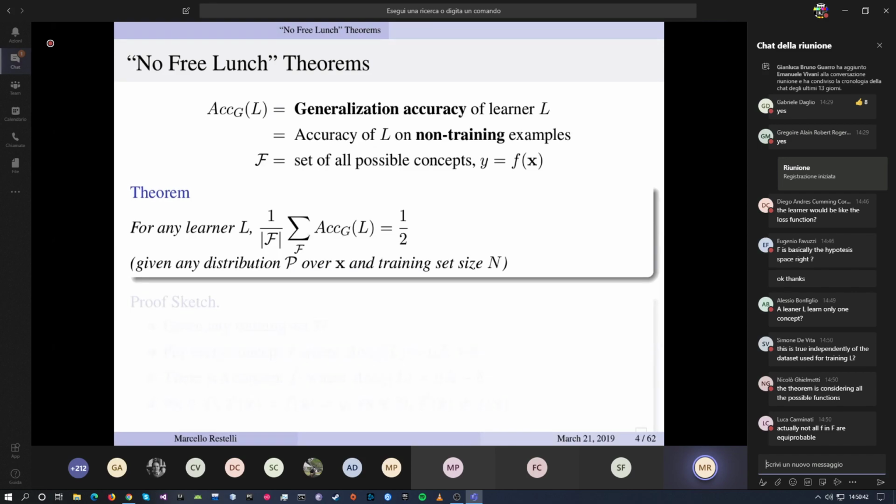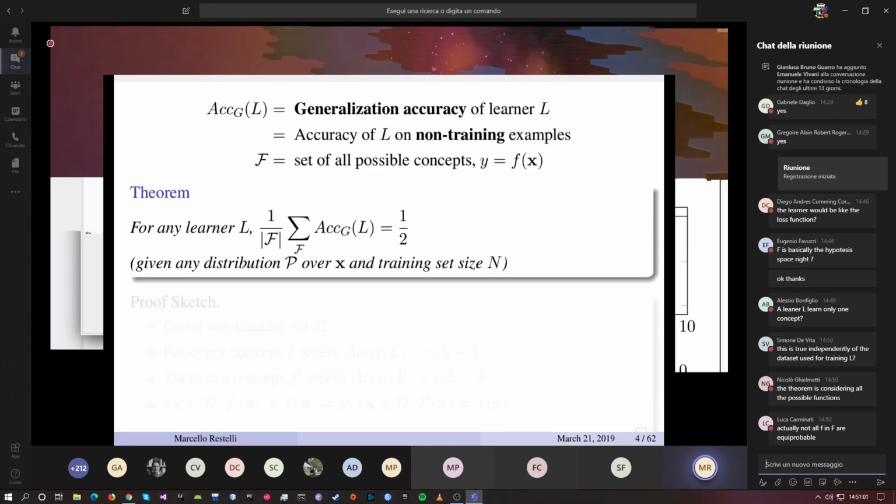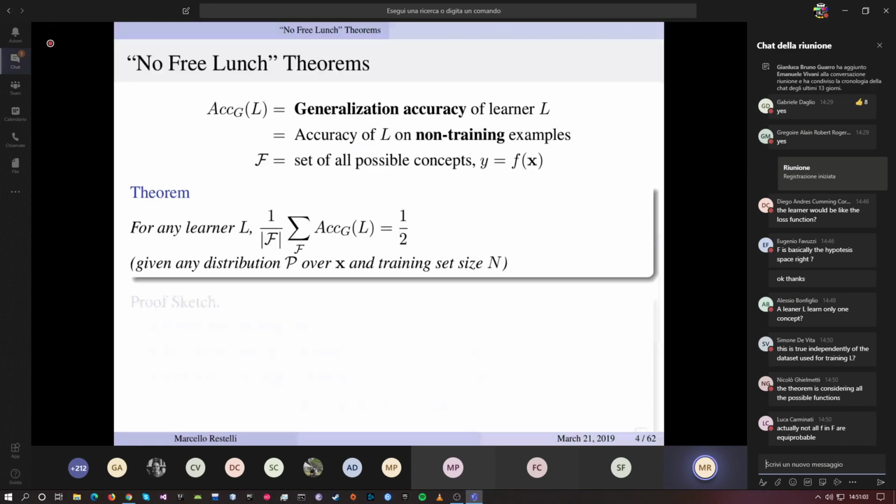So if any function is actually possible, what you observe from the data is useless for predicting what you do not observe, because since any function has the same probability of being the true function, observing a data in one point is useless to predict the value of the target variable in another input point.